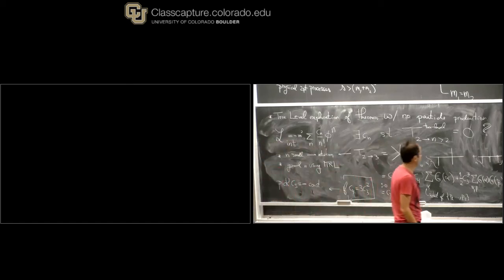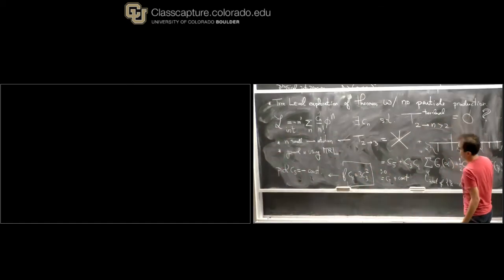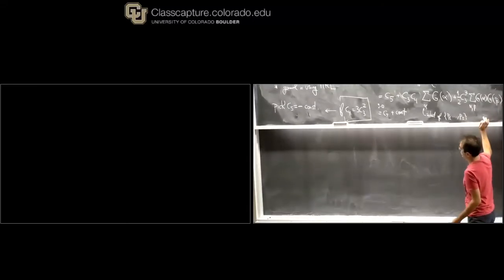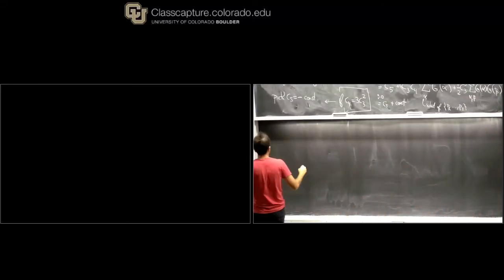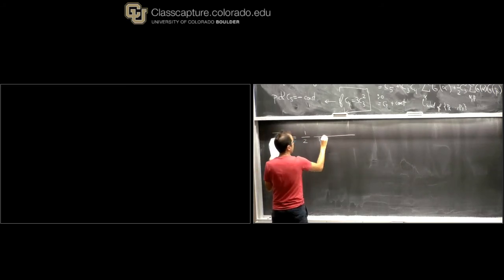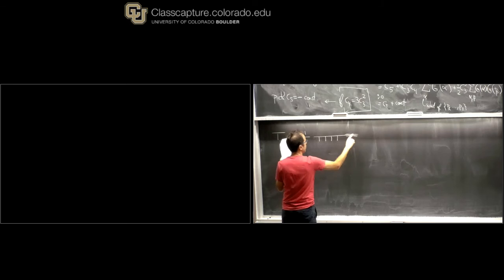Well, then we go on. So now we go on, at least one more term, we will still do it. So let's write what would be T 2 to 4. Well, let me write it down. This diagram is symmetric, so there will be a 1/2 times every cubic, 1, 2, 3, 4, 5, 6.